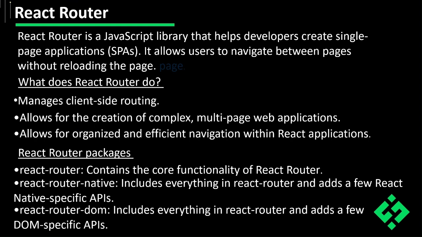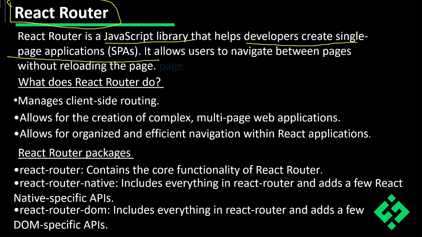Okay, so what is React Router? And how is it actually helping us? How is it helping React to do all of the things that it allows users to do? So React Router is a JavaScript library. It helps developers create single page applications. This is a very important term.